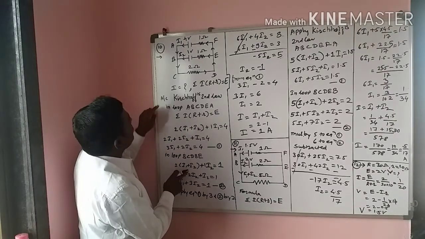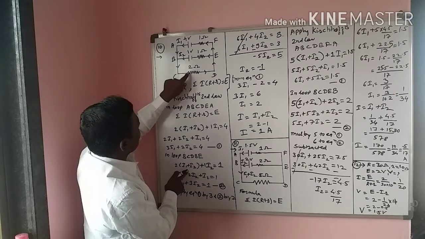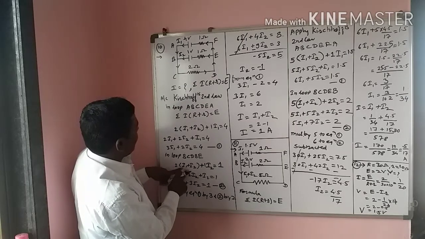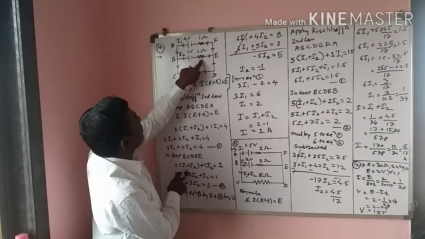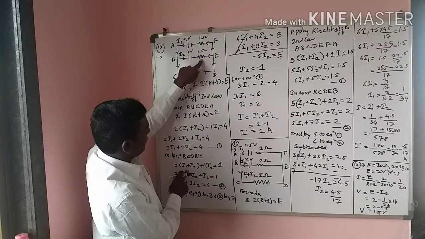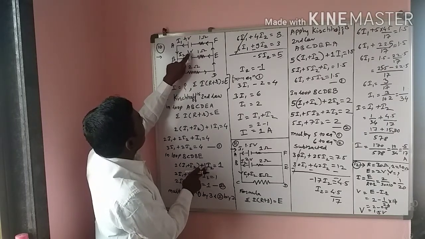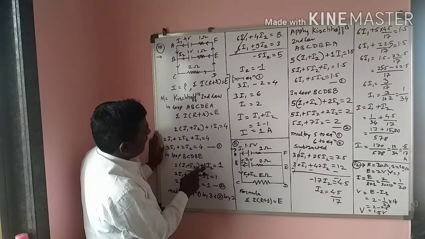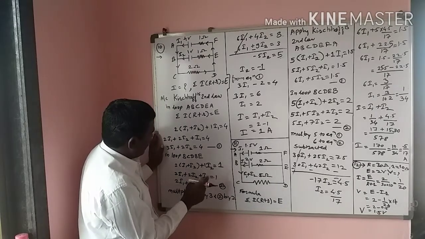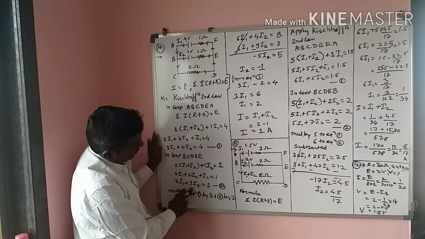That means the total current flowing through this is I1 plus I2, and its potential difference is twice I1 plus I2, and the potential difference through the internal resistance is I R, that is 1 times I2, and the EMF is 1 volt. So we write here 2I1 plus 3I2 is equal to 1.